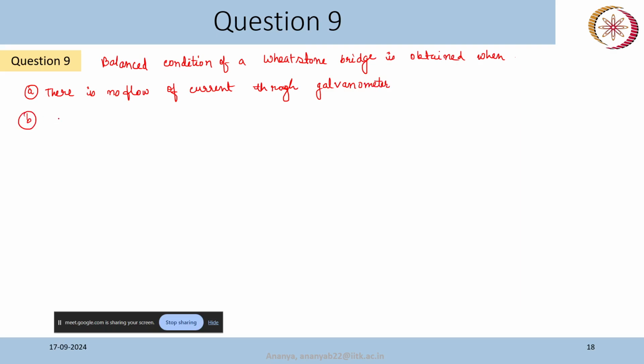B is the galvanometer reading is maximum.